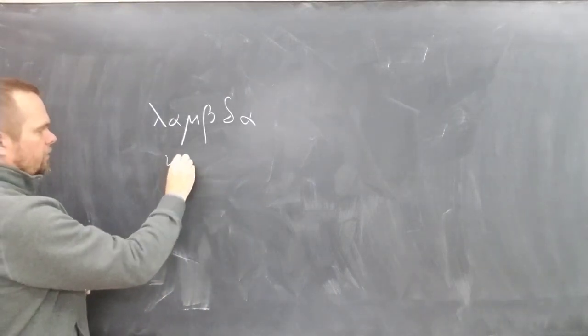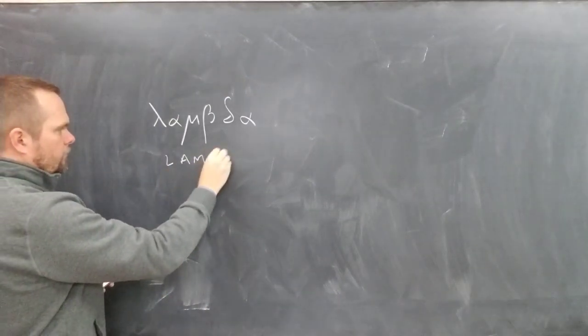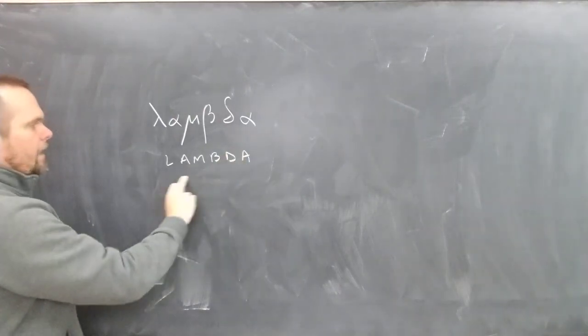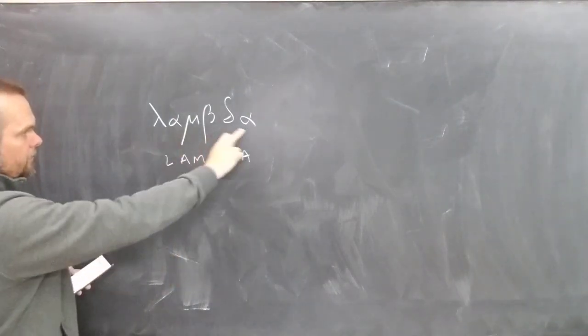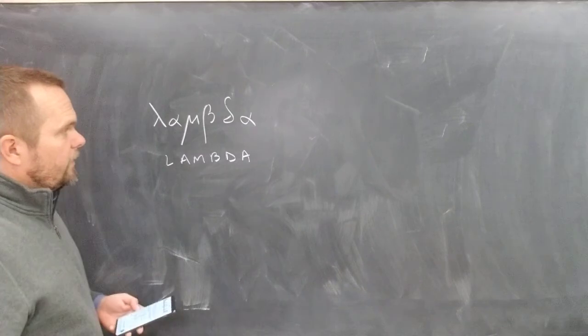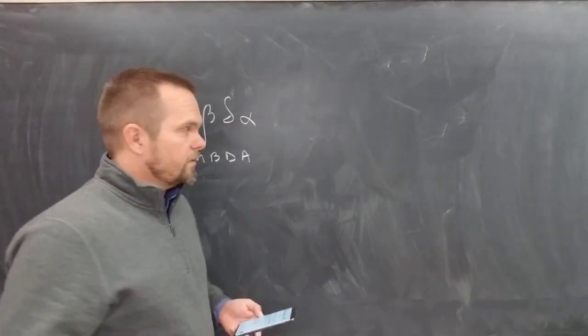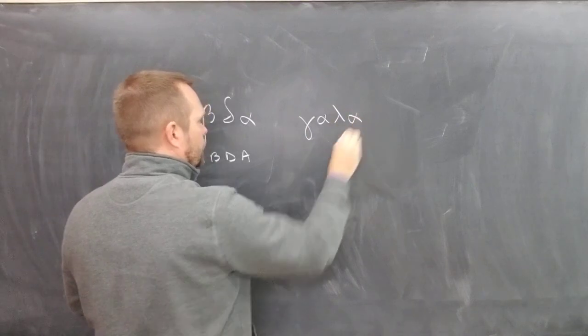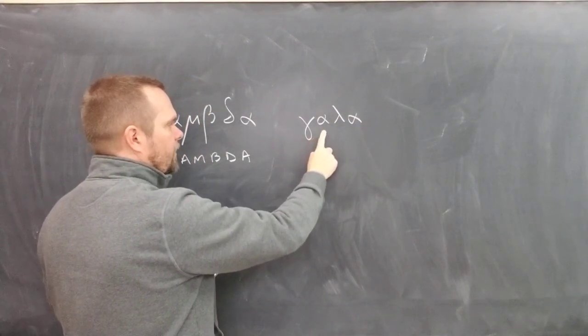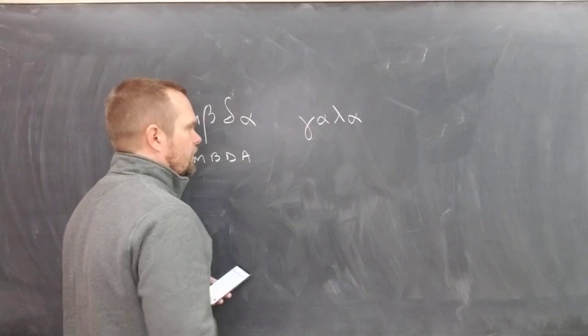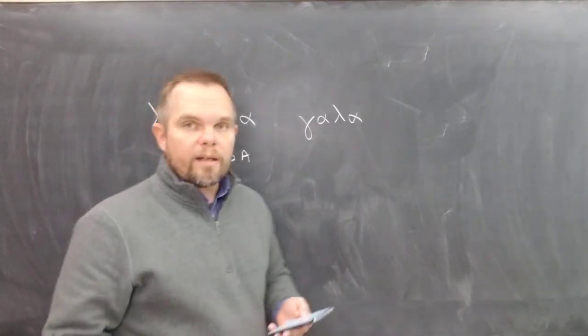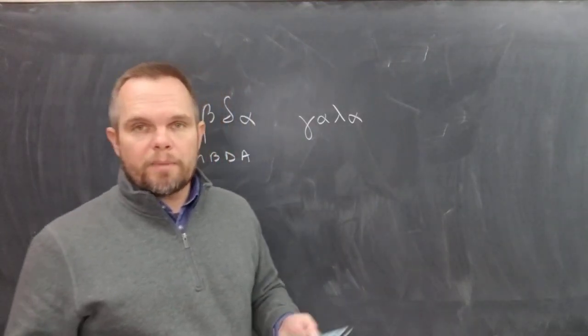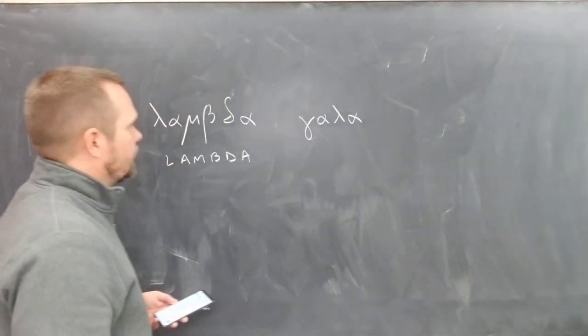We can transliterate it as lambda, lambda. And you're getting to the point now where we can start making some real words. For example, in Greek, gamma, alpha, lambda, alpha. This makes the word gala, which means milk in Greek. Gala.